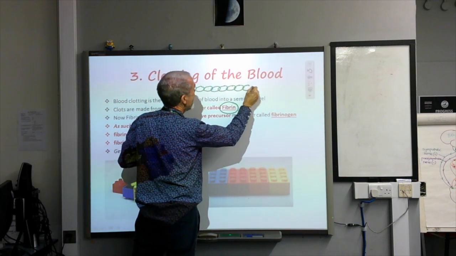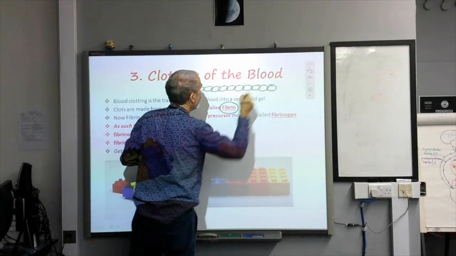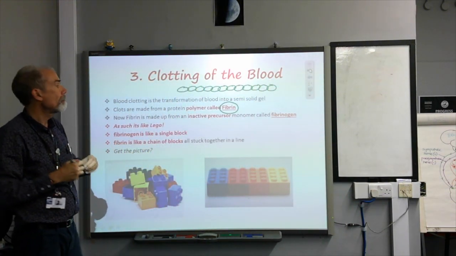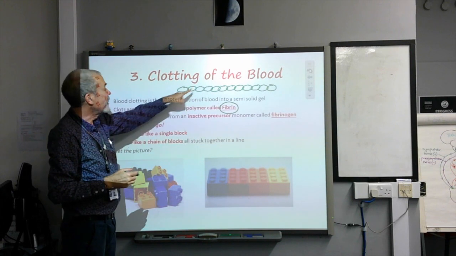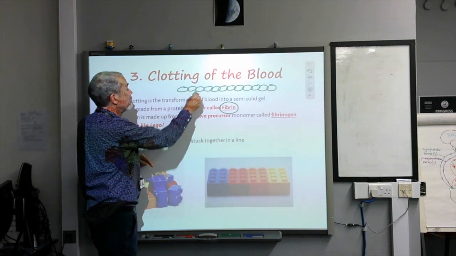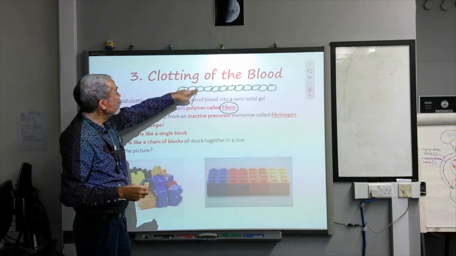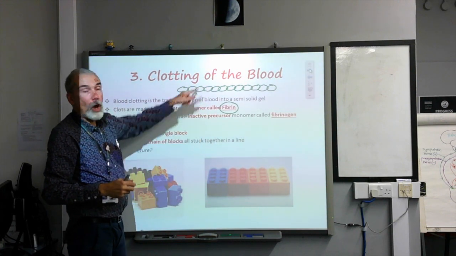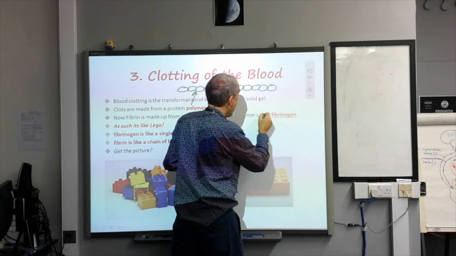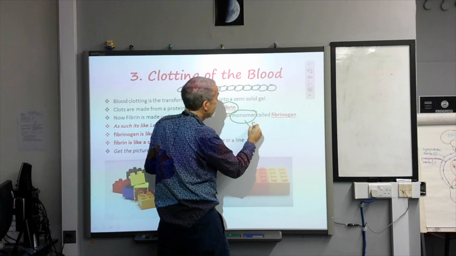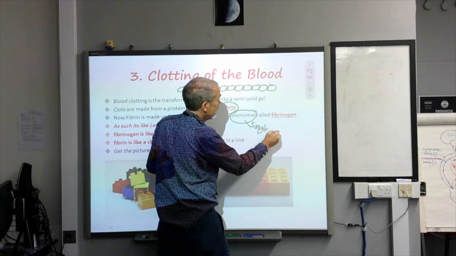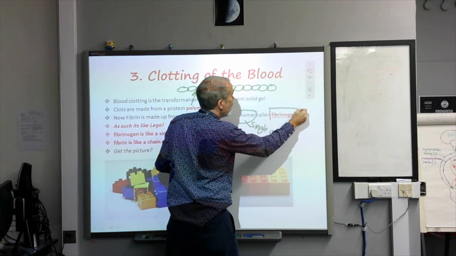Poly meaning many. Okay? So it's a long, long chain. So fibrin is a polymer, a chain. Each individual one of these started off life as a monomer, meaning a single unit, called fibrinogen.